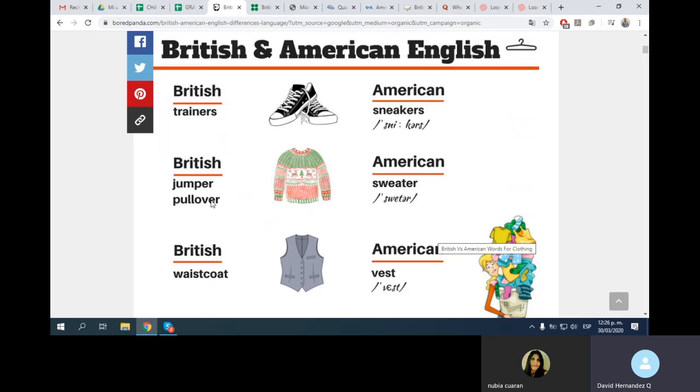Los británicos van a pronunciar esta R al final casi como R, entonces jumpa, pullover. Mientras que los americanos dirían jumper o pullover, una pronunciación más americana. Sin embargo, este vocabulario es específico de los británicos. Los americanos a esto le dirían sweater.